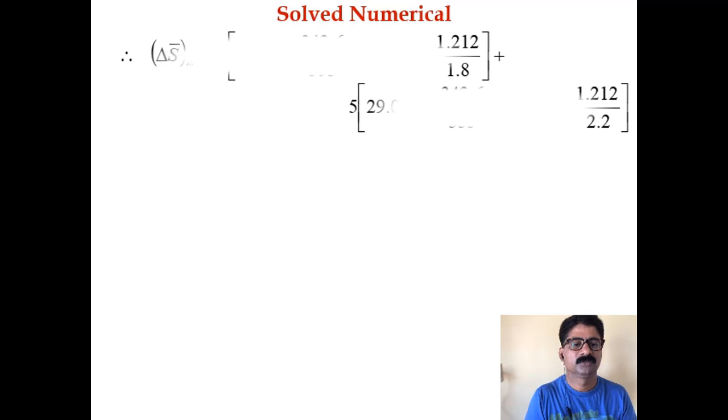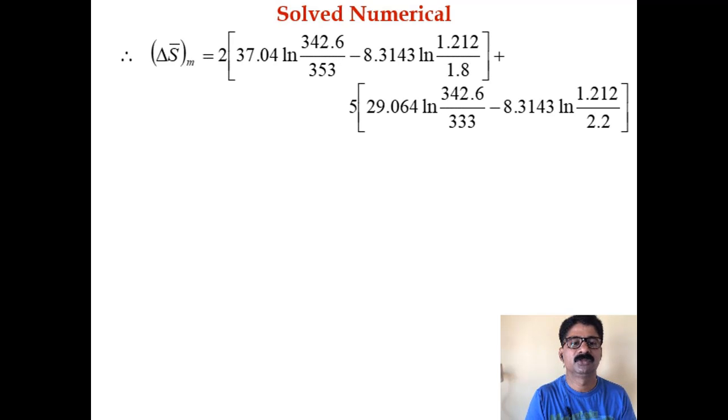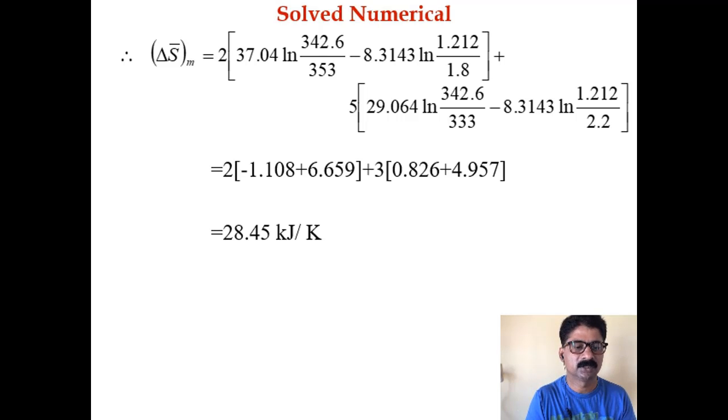Now, after proper substitution in the formula for delta S bar mixture, you will get it as 28.45 kilojoules per Kelvin. So with this I conclude part 1 of module 5, that is the ideal gases.